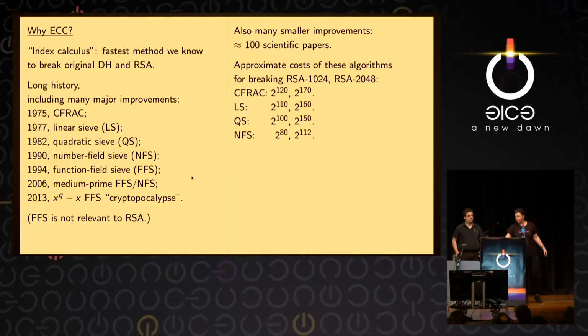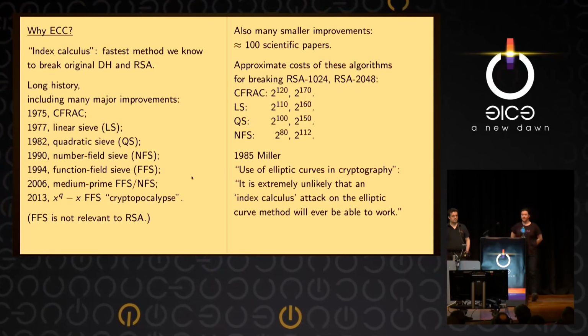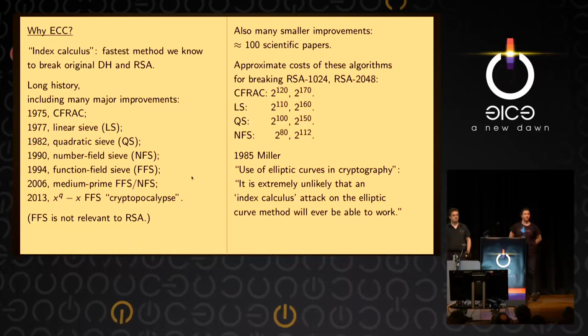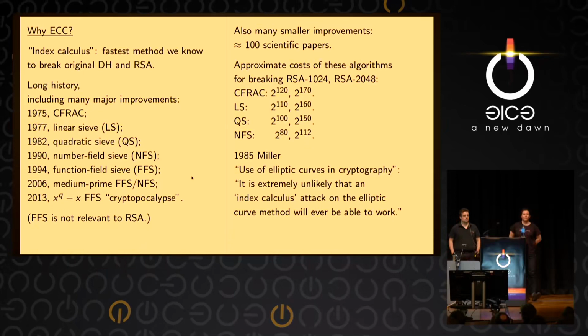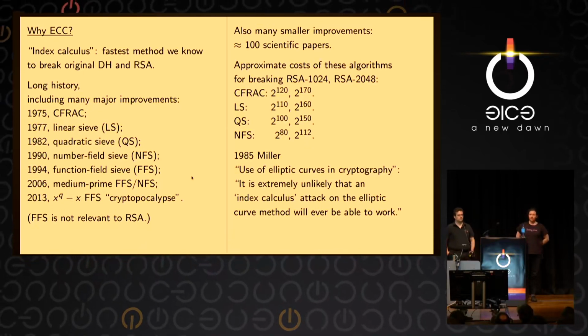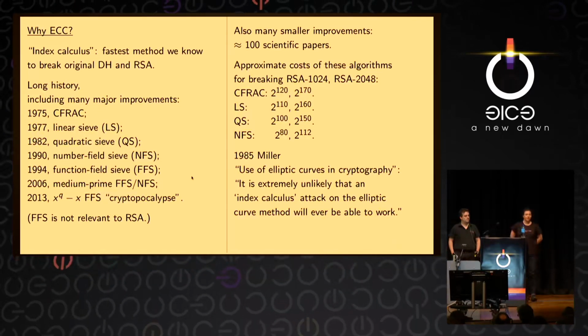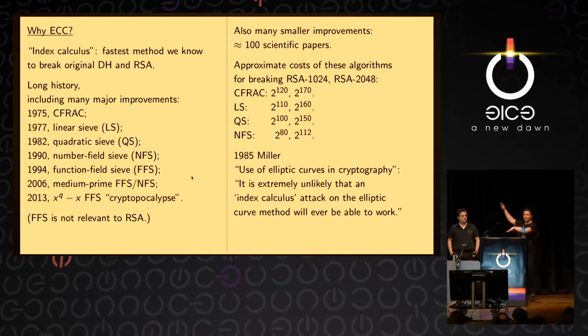So in 85, when the quadratic sieve was already out, and the number field sieve was in the works, Miller was proposing elliptic curves as an alternative to factorization-based methods. So factorization or Diffie-Hellman would be broken by all of these algorithms.